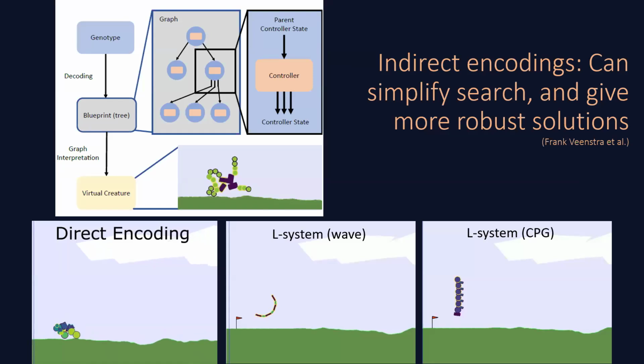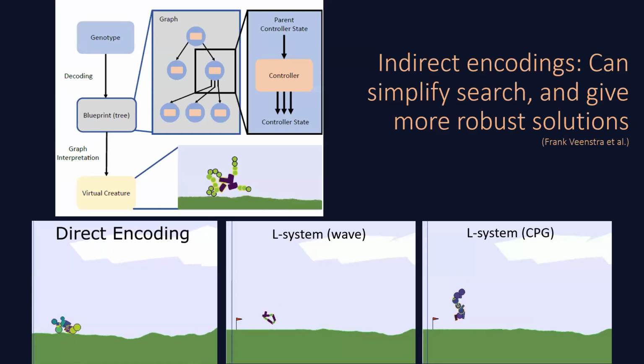But here are examples of two different indirect encodings that Frank experimented with, and you see that there's a lot of reuse of patterns. We see reuse of the structural design elements of the robot, but also reuse of how these elements move. So you can figure out just once that it should move like a wave and reuse that across the robot to get a more efficient solution.